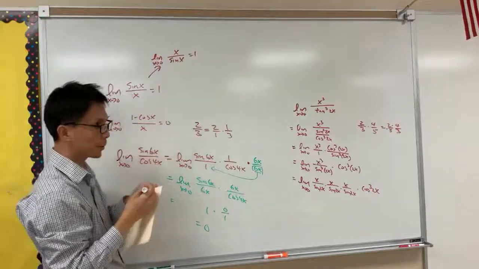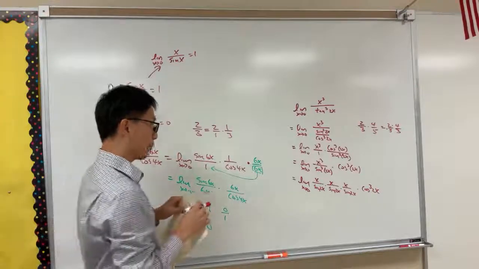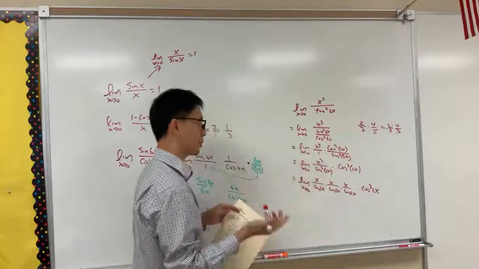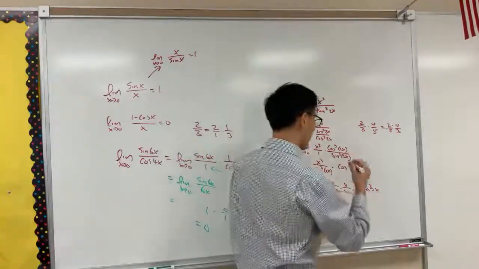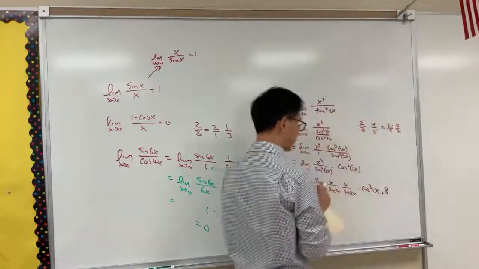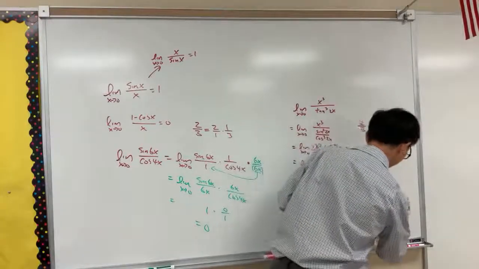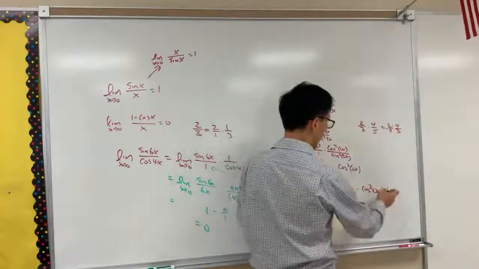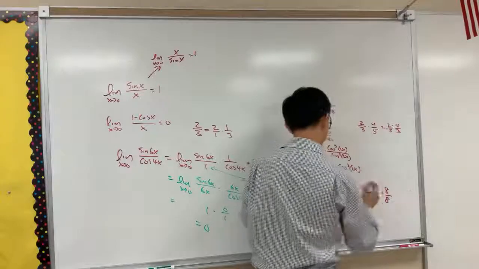So if this part is equal to 1, I'm going to multiply. I want this to be 2, 2, 2. So 2 times 2 times 2 is 8. So technically I want to multiply this by 8 over 8, or 8 over 8 is 1. So 8 can also split into 2 times 2 times 2.